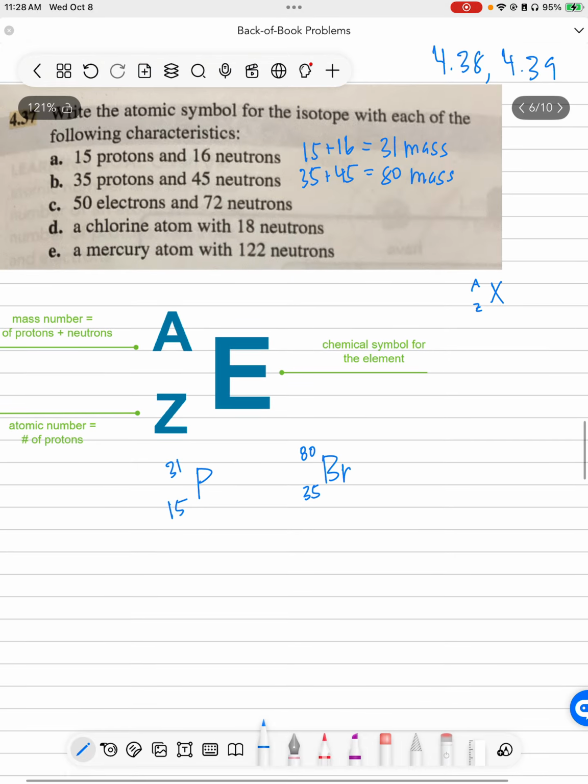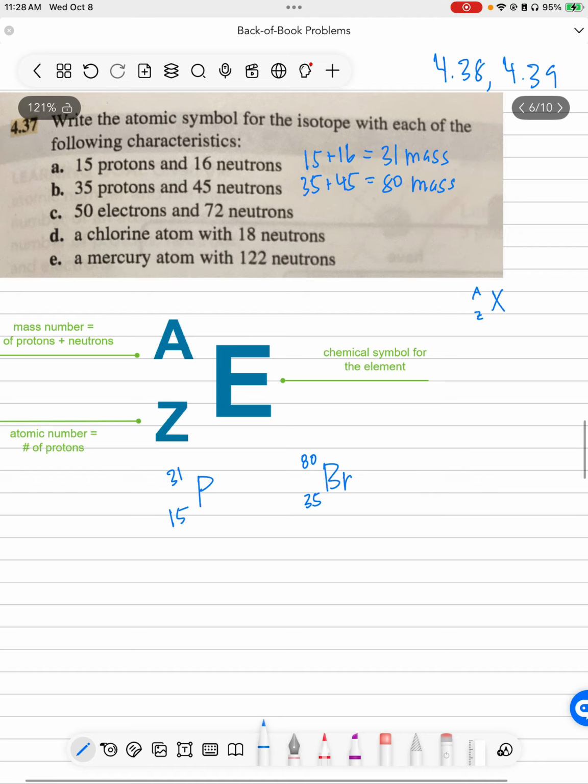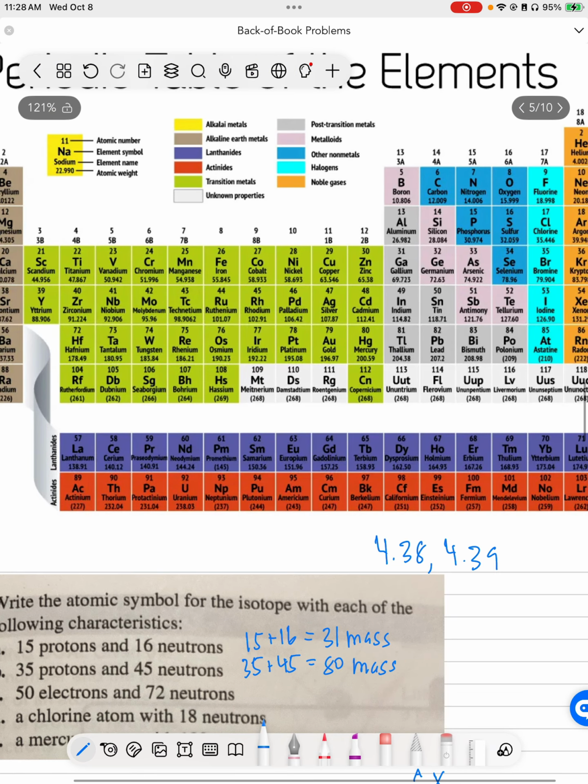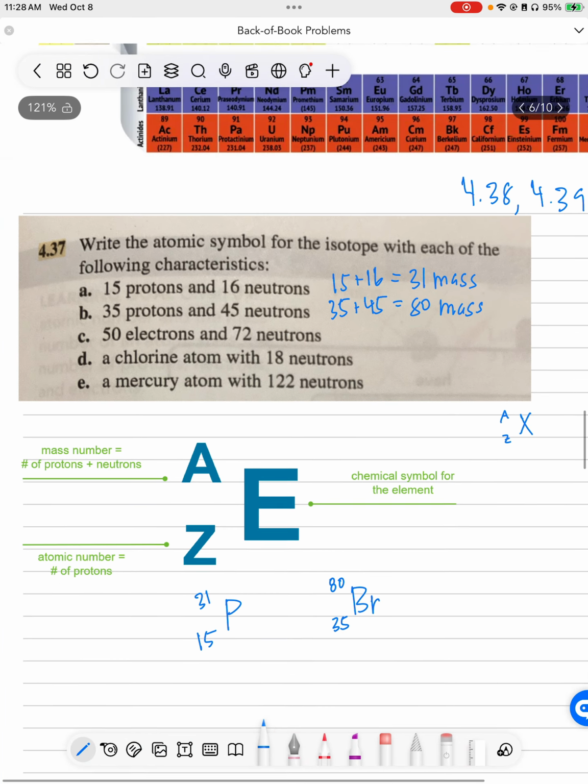Okay, let's do D. We'll skip C. So a chlorine atom, we know what it is, with 18 neutrons. Can we tell from here how many protons chlorine has? We can't. So we can't find its mass yet. We need to go and find how many protons it has. We're going to go up here and find chlorine right here. So it has 17 protons.